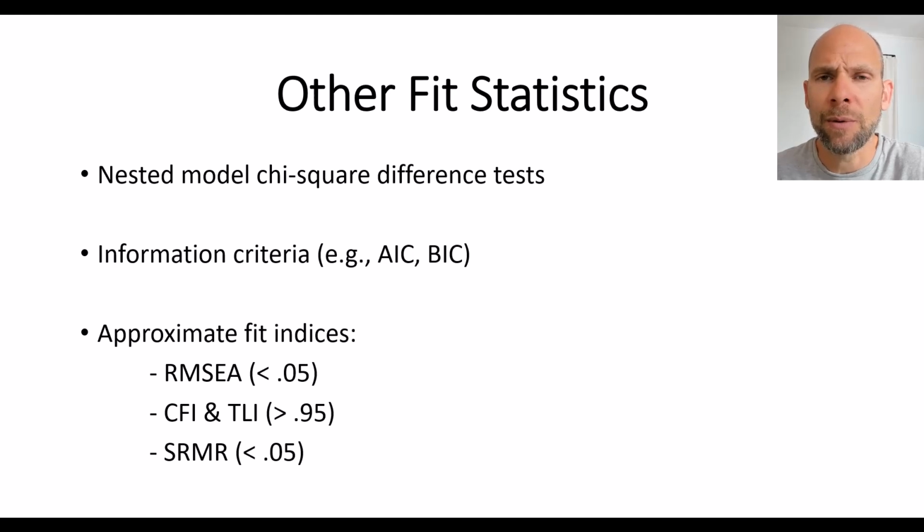And that's maybe one of the more useful indices in my opinion, because at least that has a meaning to it in terms of its value, because we know again that a residual correlation that is 0.1 or greater is somewhat large, and then 0.05 we would say, yeah, that's really small. So if the average residual is 0.05 or smaller, then that may indicate that the model is not bad.